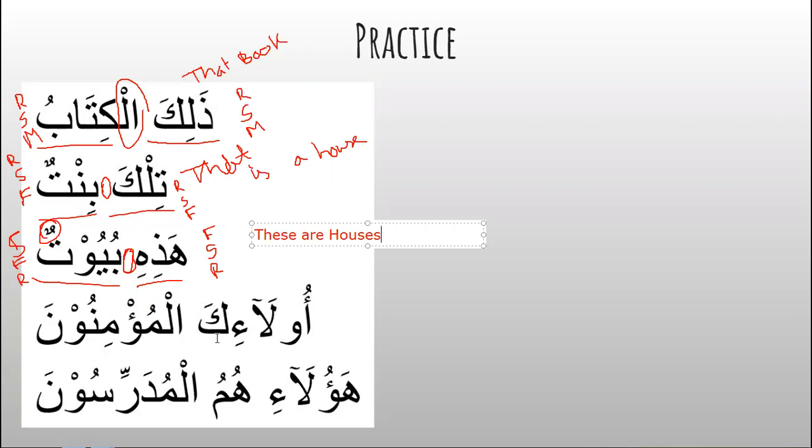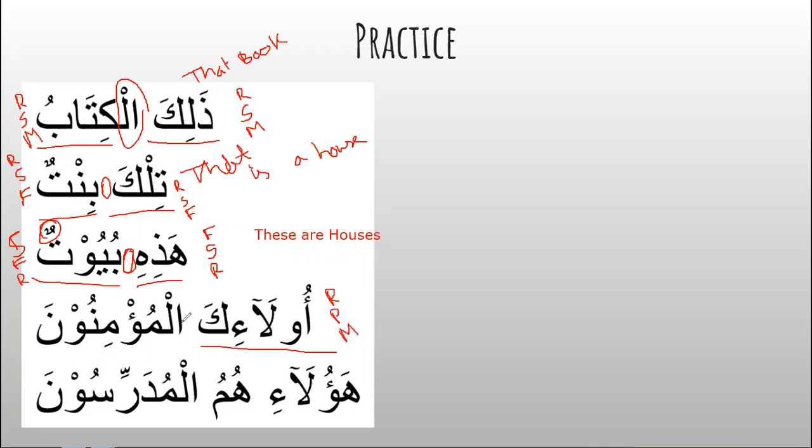Okay. Next one. Ulaikal mu'minuna. Ulaika is plural, and it means those. Ulaika is rafa, plural, and masculine.